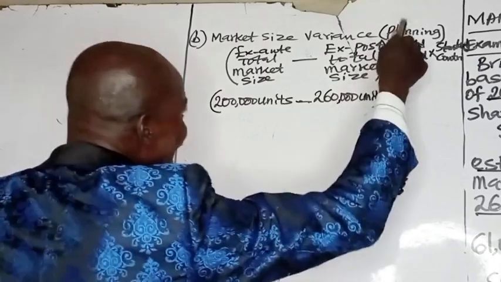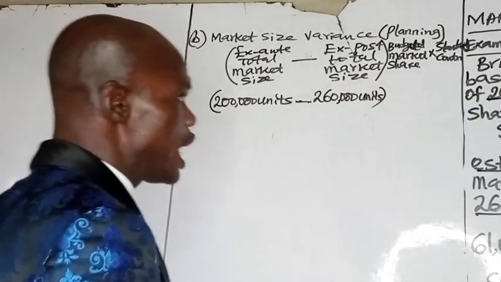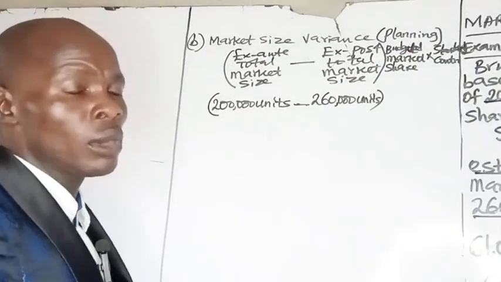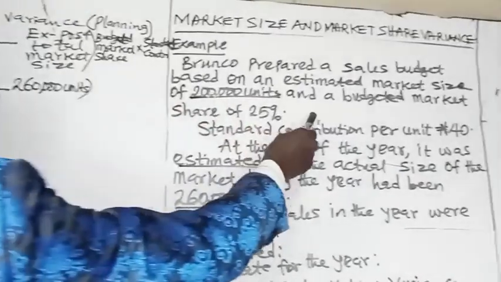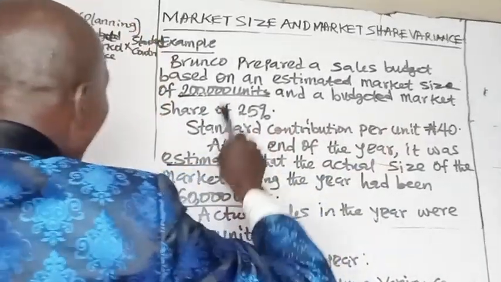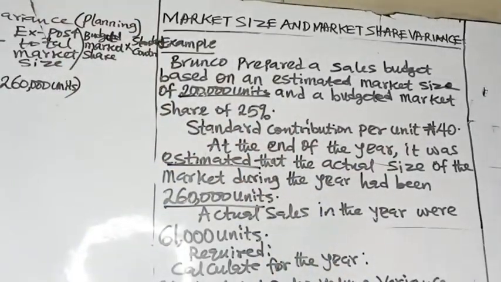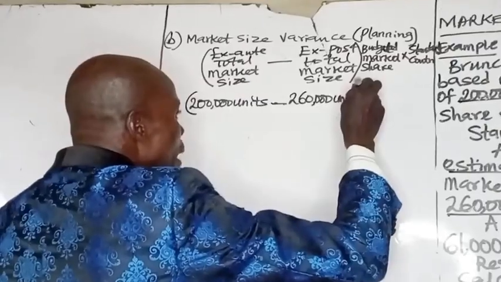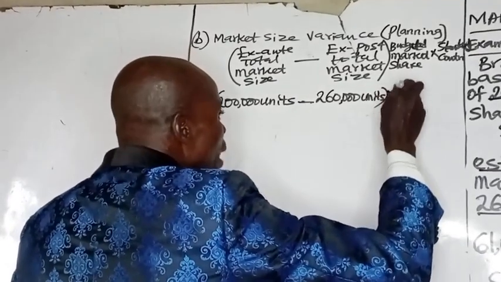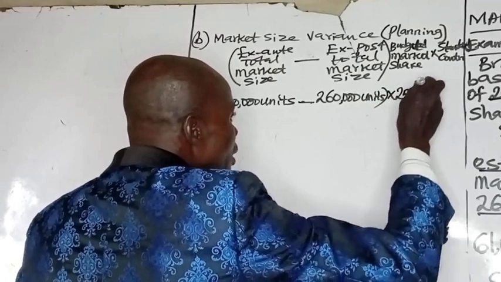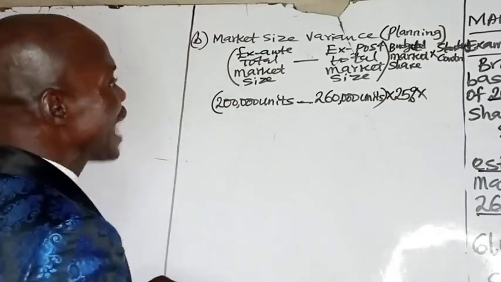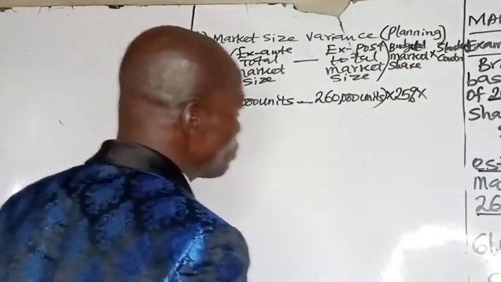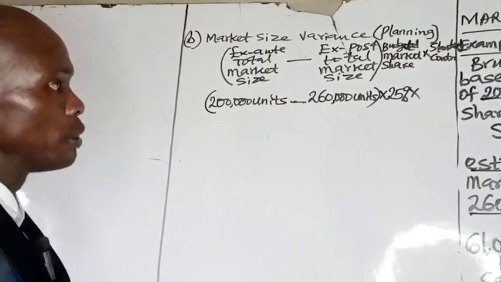Multiplied by budgeted market share. Back to the question, the budgeted market share is given to be 25%. Times standard contribution.